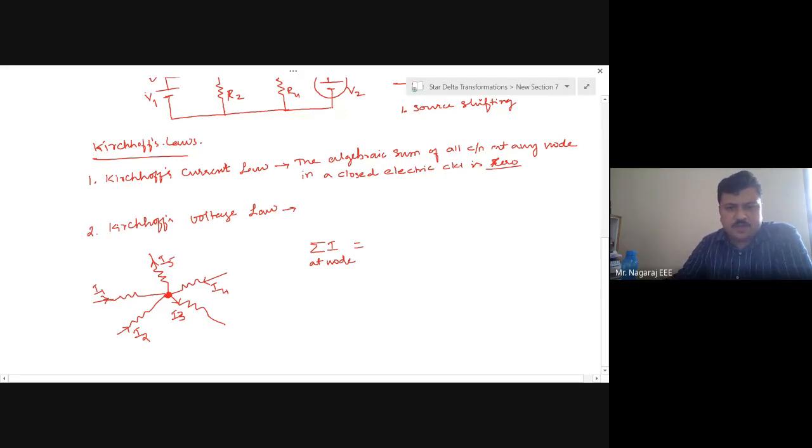So before I apply KCL to any node, first I should define the conventional direction of the currents. Current entering the node is considered positive. Throughout this entire subject, I will be considering the same thing.